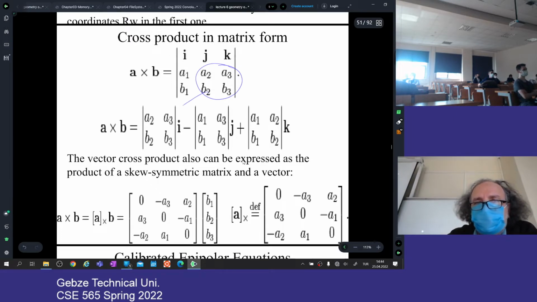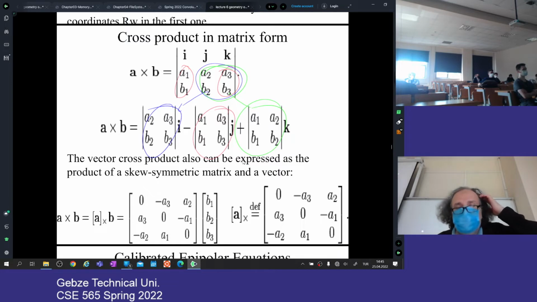It will go here, and then take the determinant of this part. It will go here, and take the determinant of this part. It will go here, and there is a minus sign there, right? We know this from high school.